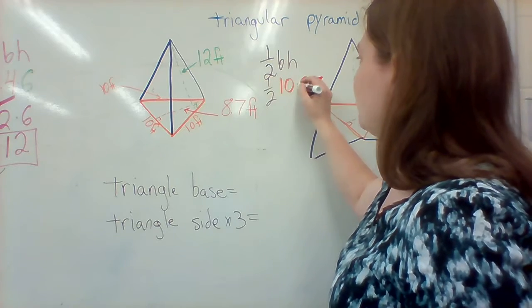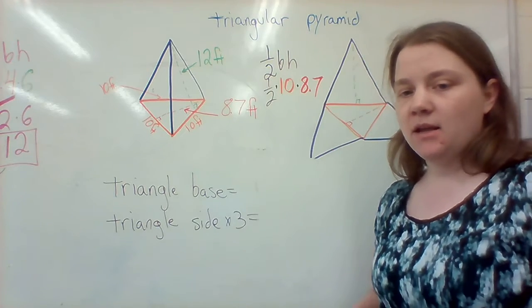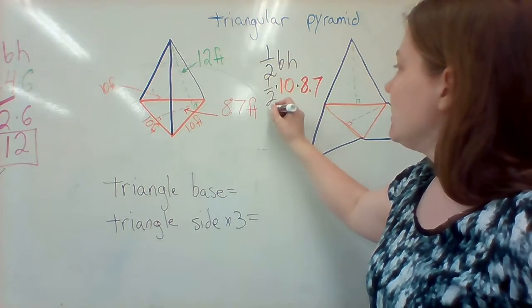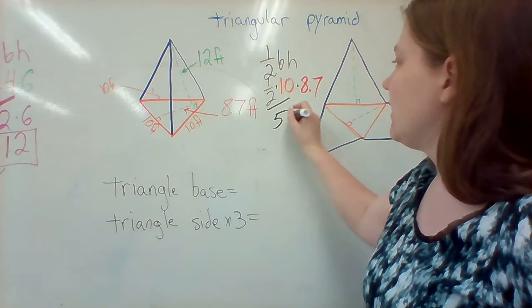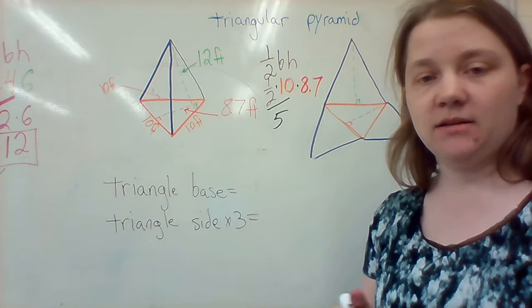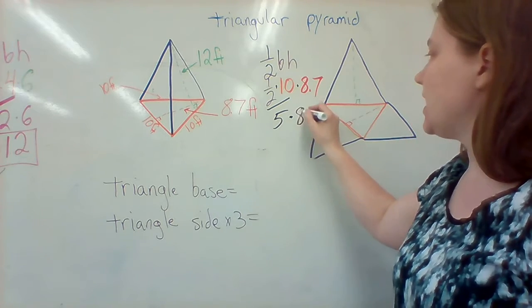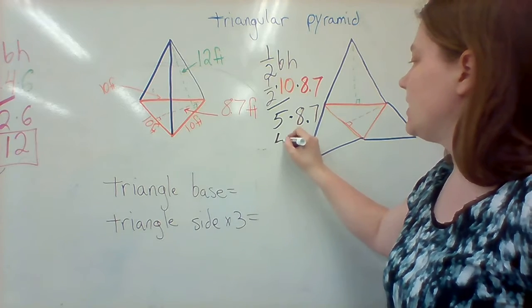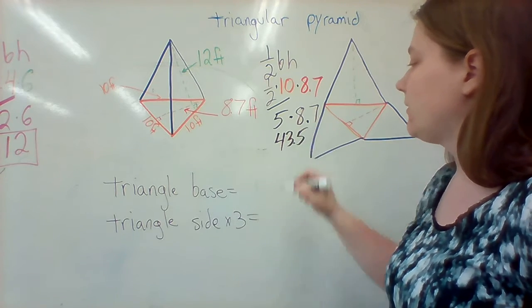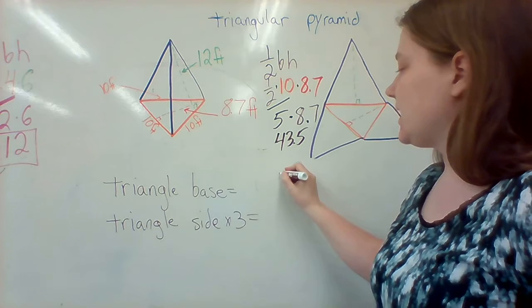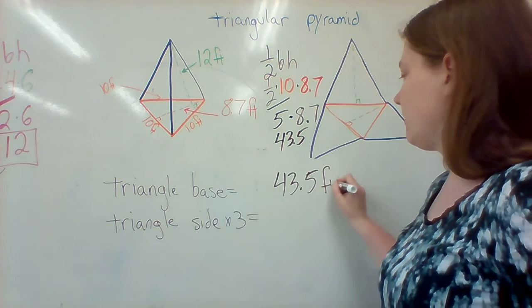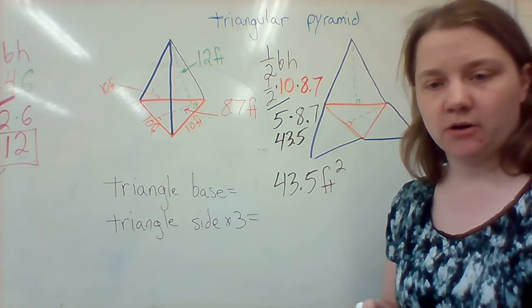We've got the half, we've got the multiplication signs, and we need to do some multiplication. Half times 10 is 5, because half of 10 is 5, times 8.7. 5 times 8.7 is 43.5. So the area of the triangle base is going to be 43.5 feet squared.